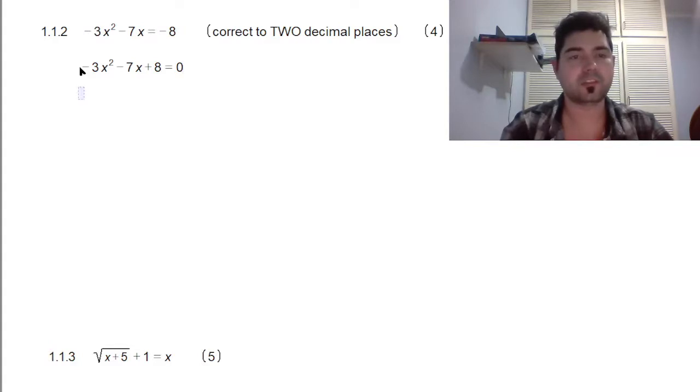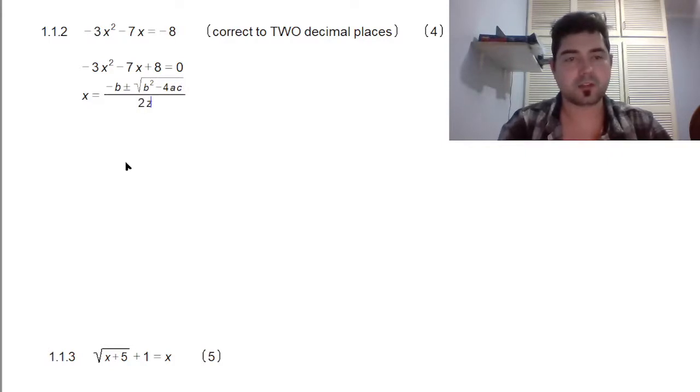Okay, then we can also divide out the negative if we want to, but it's actually not compulsory, so I'm going to jump straight into the formula, and that quadratic formula is x equals negative b plus minus the square root of b squared minus 4ac over 2a. Okay. It is on the formula sheet, you don't have to know it off by heart, but yeah, let's go.